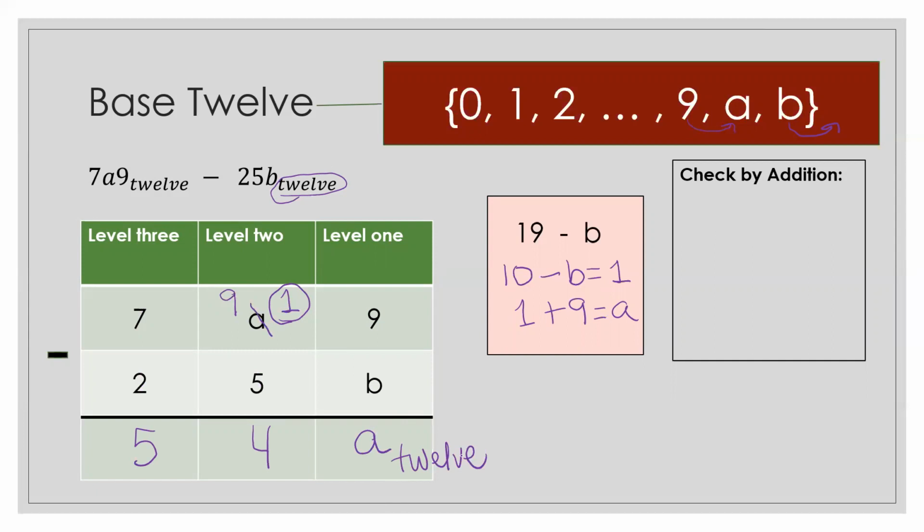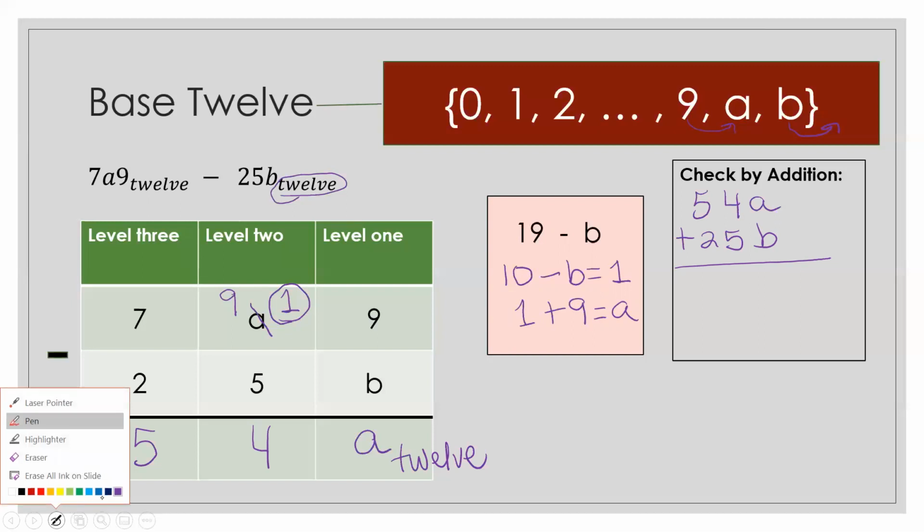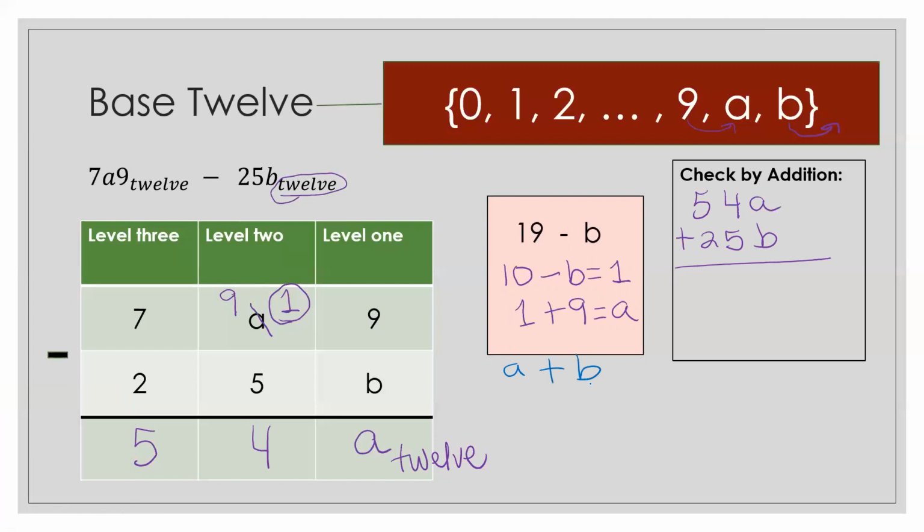Okay. Now, how do we check our answer? By doing addition. What addition problem? 5, 4a plus 2, 5b. What will that be? Well, I have a plus b. Okay, I'm going to try here to show you how to do addition one more time. A plus b. Okay, B is the last numeral, so I need one more to make a full group of 12.